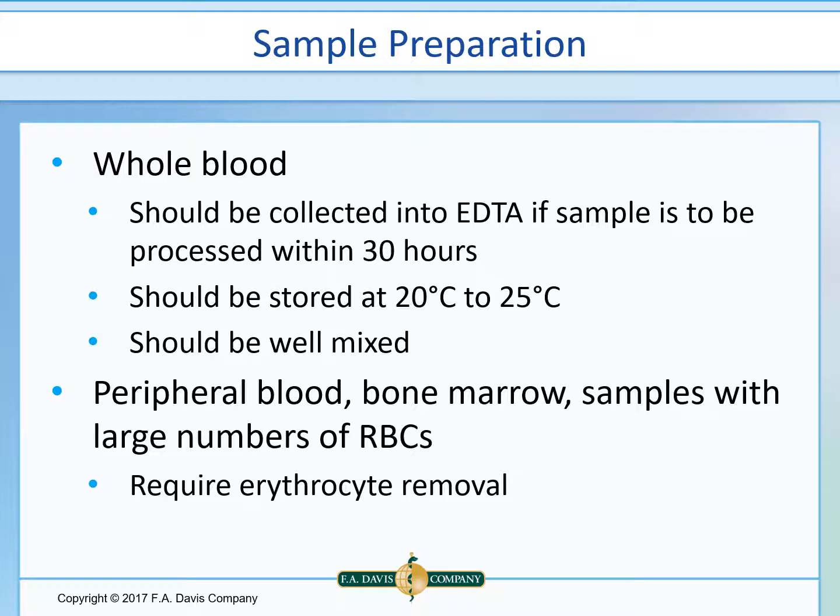Blood should be stored at room temperature before processing and should be well mixed before being pipetted into staining tubes. Hemolyzed or clotted samples should be rejected. Peripheral blood, bone marrow, and other samples with large numbers of red blood cells require removal of their erythrocytes to allow for efficient analysis of white blood cells.